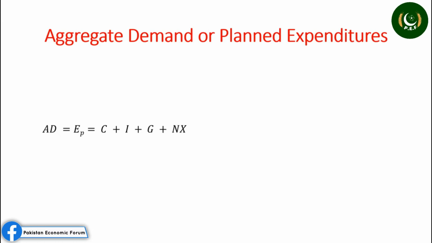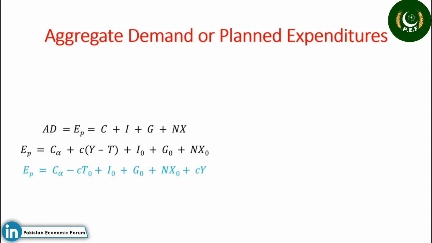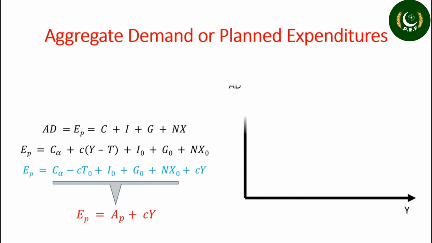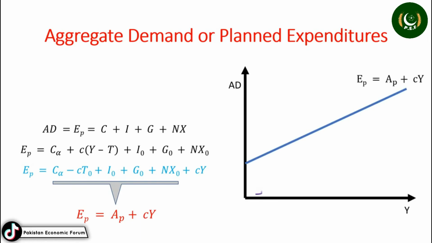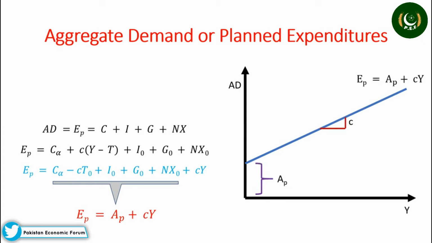As we know, the aggregate demand or planned expenditures are equal to, substituting C, we have now we have combined all the autonomous parts and named it AP, that is autonomous planned expenditures. Therefore, in this diagram, the intercept represents AP and the slope of this curve is small c.